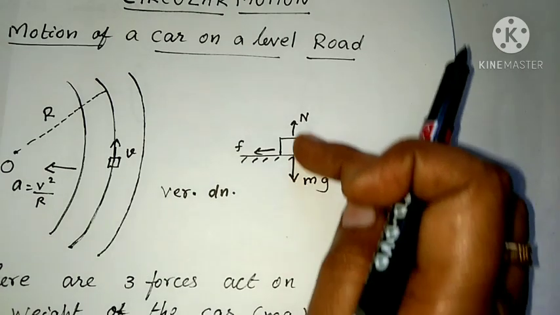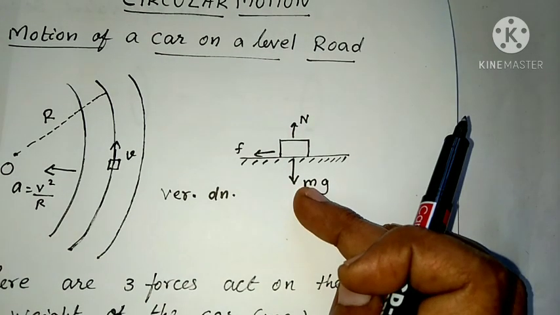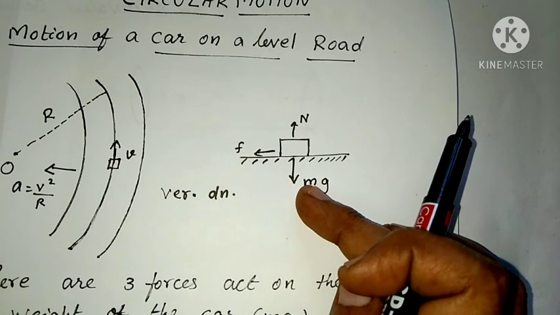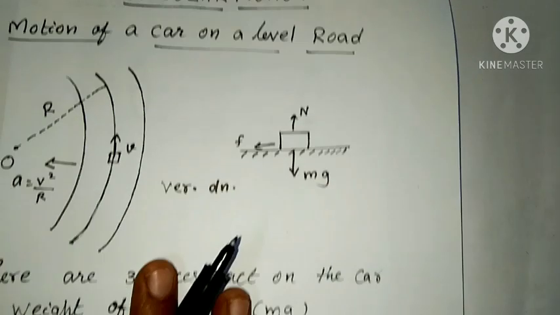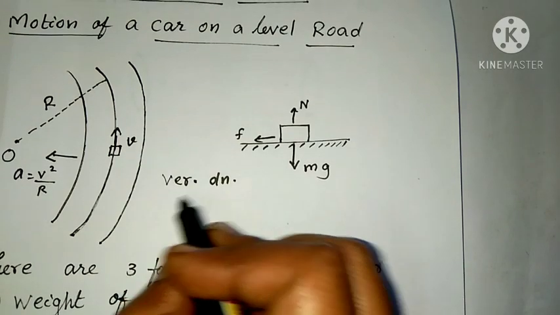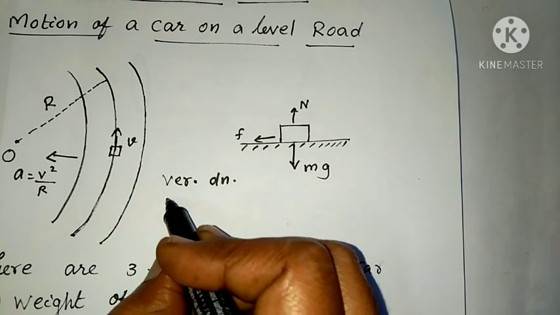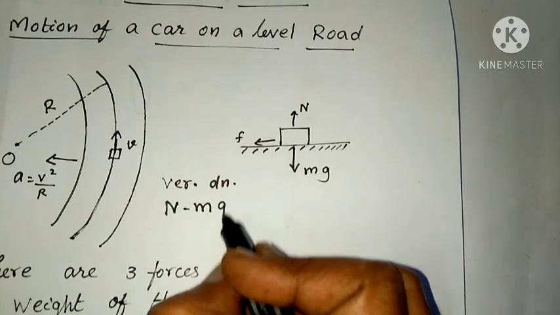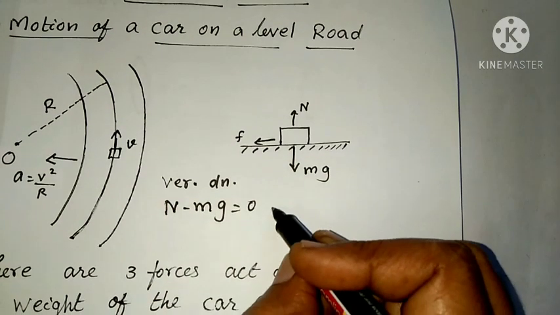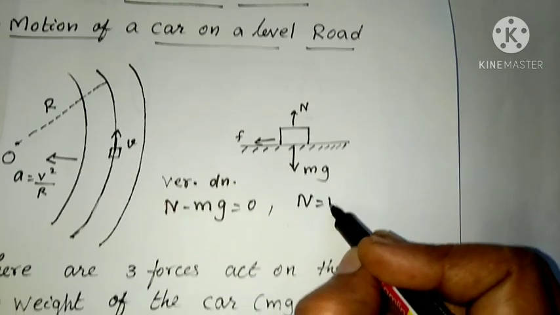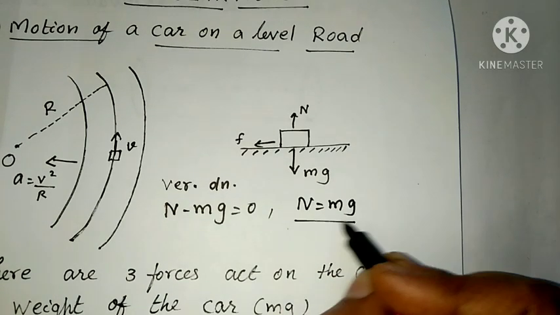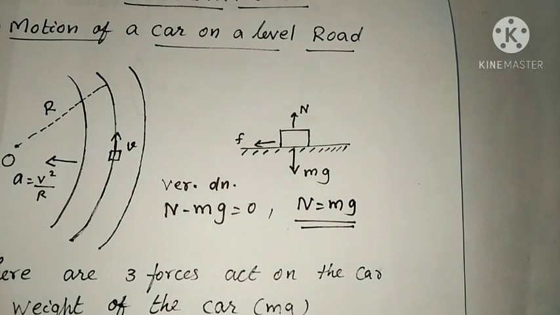So we can write, in the vertical direction, the net force is 0, that is, N minus mg equals 0. Both are equal and opposite, so N equals mg.